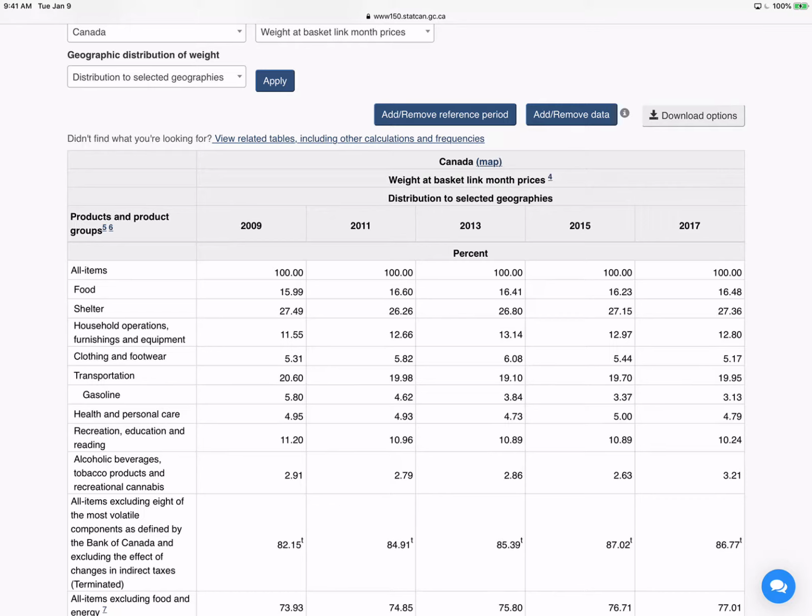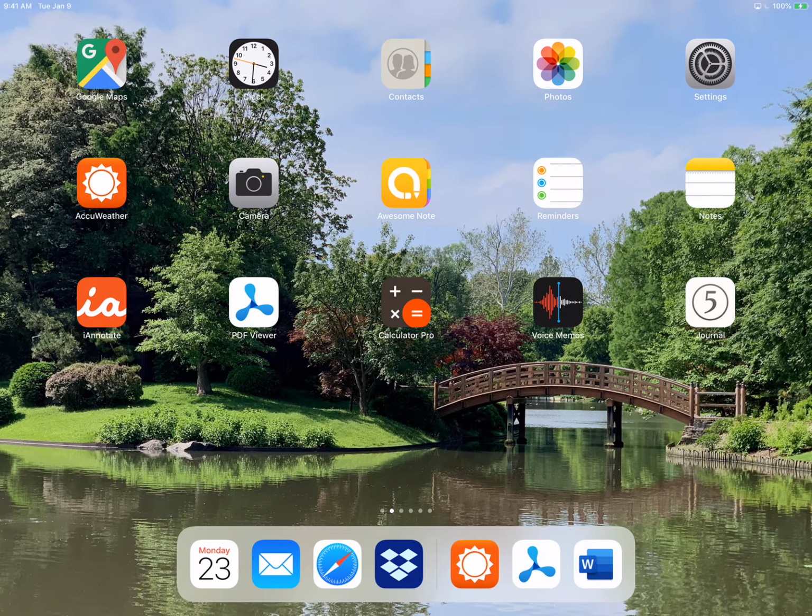Is it costing the household more to live? Right? You've heard of a cost of living adjustment. That idea is that you're getting a pay raise to compensate for inflation, and inflation's being measured by CPI. All right, so let's go back to our notes.